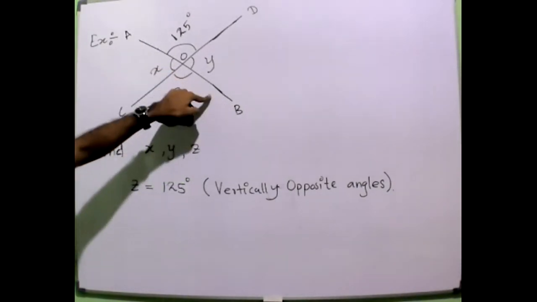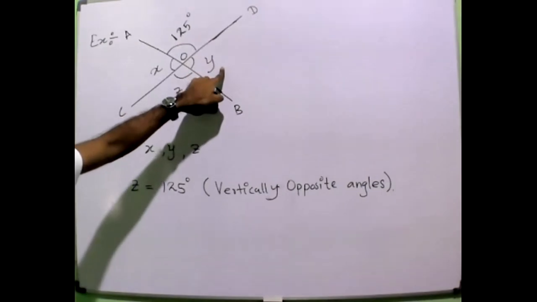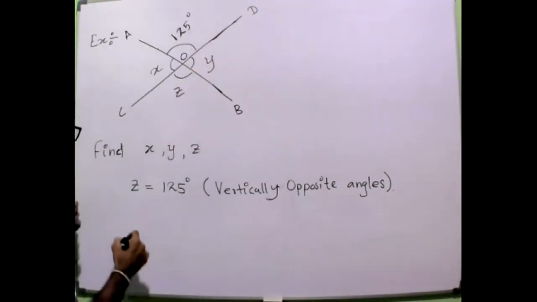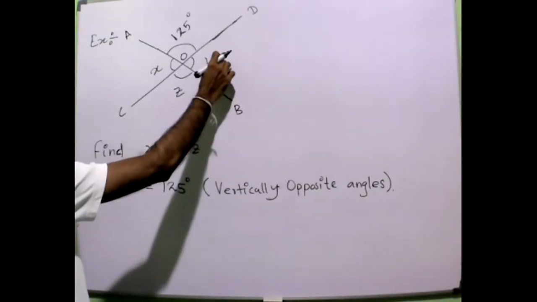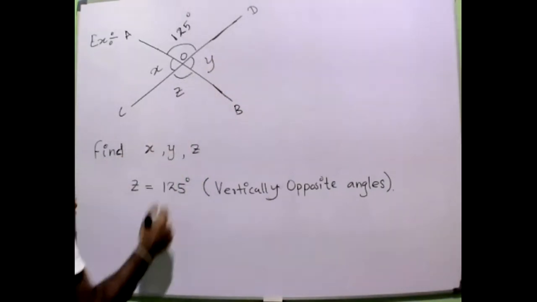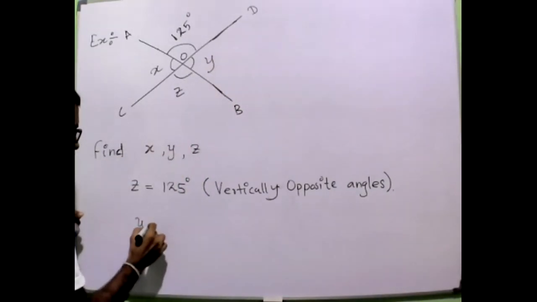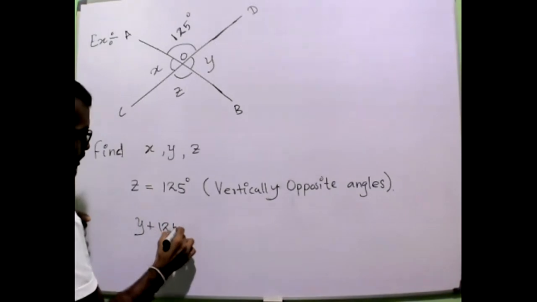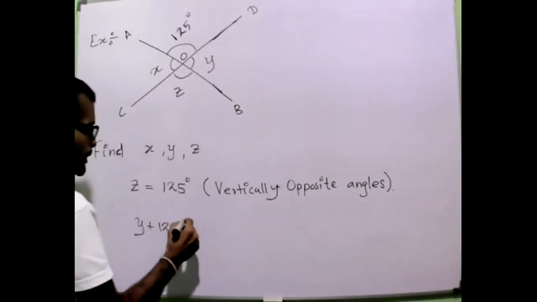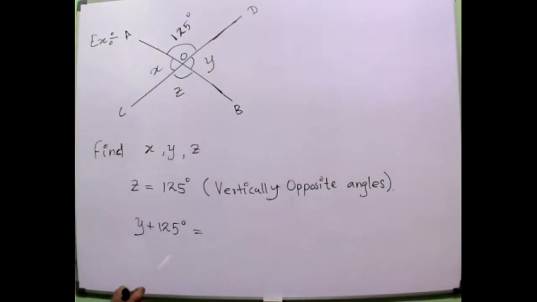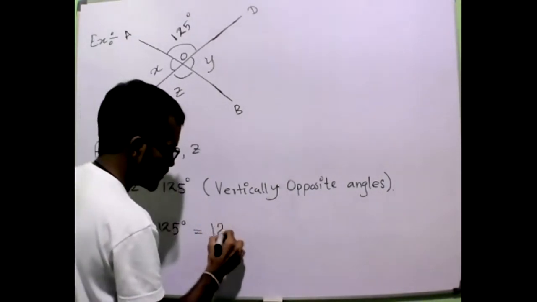If AB is a straight line, 125 plus y equals 180, right? So what I have to find is y. So I will write it first: y plus 125 equals 180.